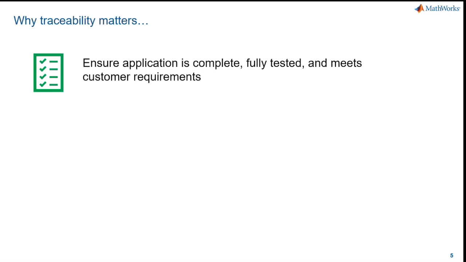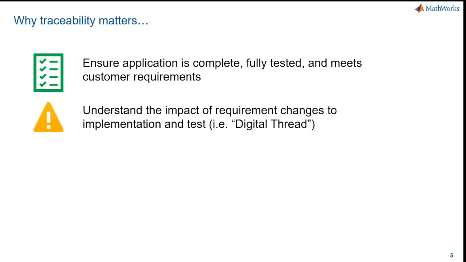Why does traceability matter? The customers use requirements traceability to ensure the application meets all the requirements and is fully tested. You can quickly find the code that implements a requirement and understand the impact of a change to respond quickly.